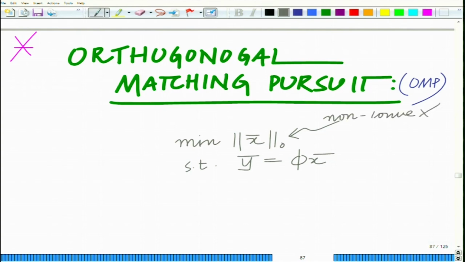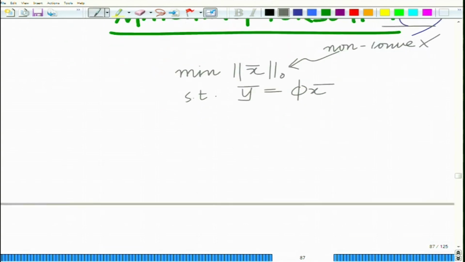So, we want to come up with a scheme to solve this, and that particular scheme is OMP, orthogonal matching pursuit. What happens in orthogonal matching pursuit? You write this matrix phi as a set of its corresponding columns. Okay. So, you have phi 1 tilde, phi 2 tilde. Remember, each is a column.